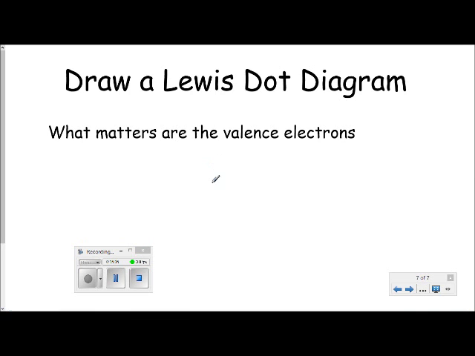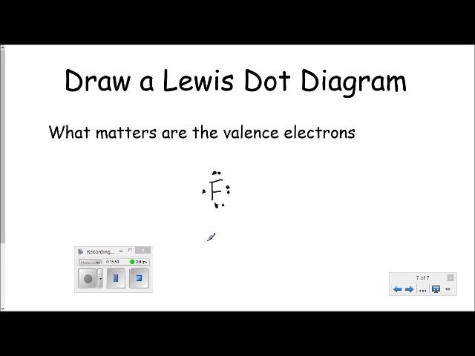All we show is the element symbol, which is F for fluorine, and we don't draw a shell. All we show is our 7 electrons. Again, I like to draw them half filled, and then we pair. And that is the Lewis dot diagram for fluorine.